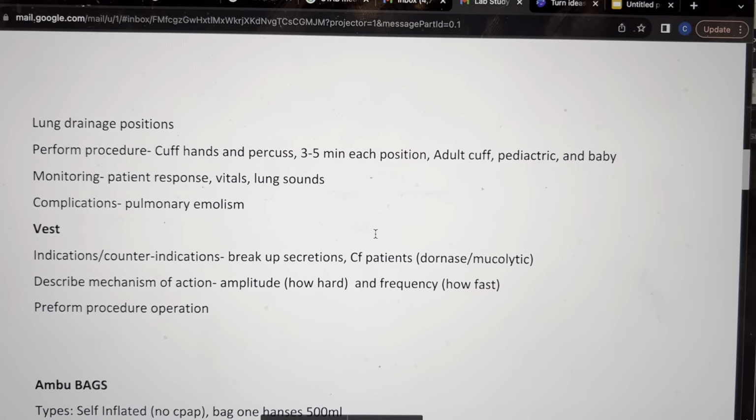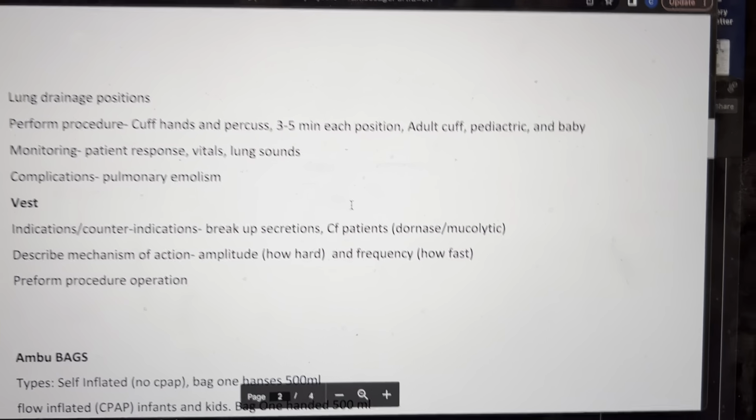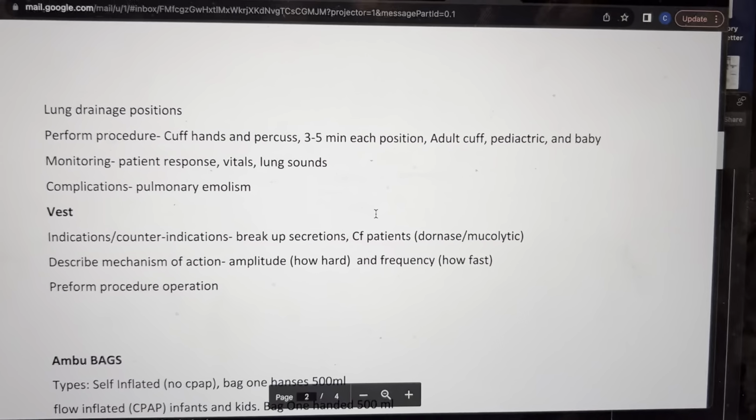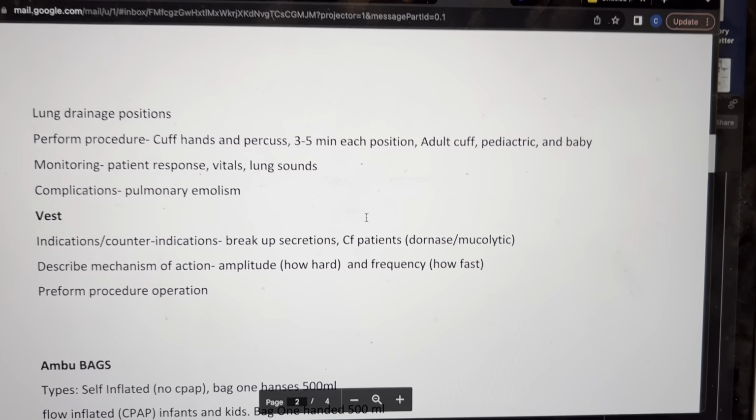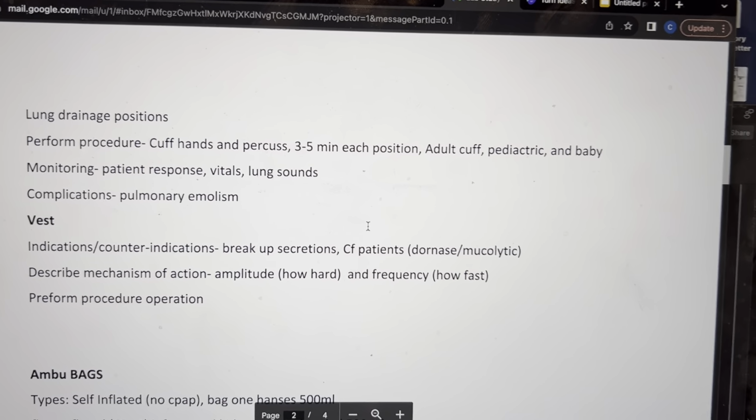Tap each position for 3 to 5 minutes when you use postural drainage. Adult cup, pediatric cup, and baby cup.